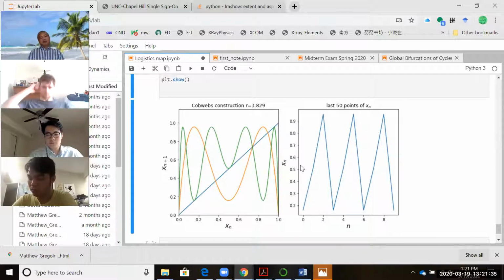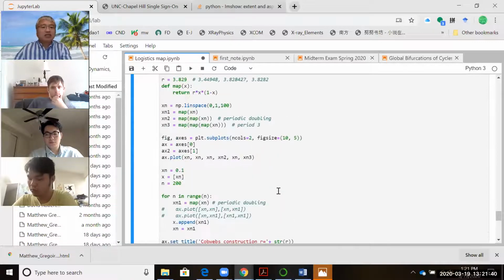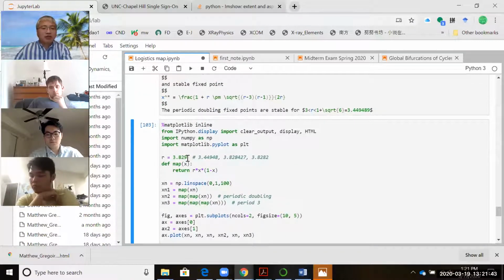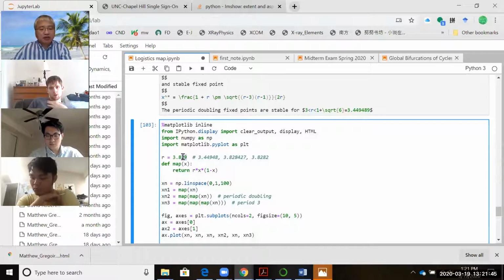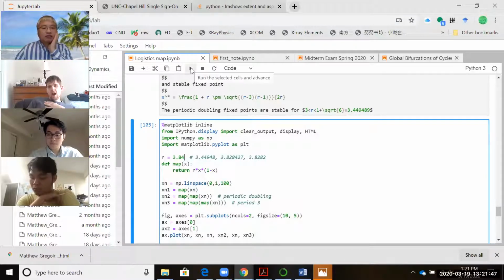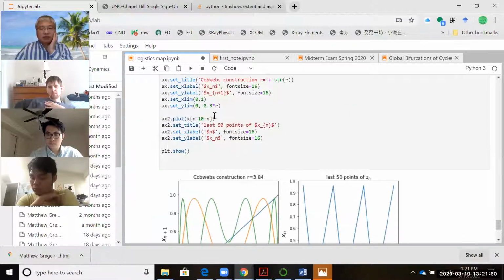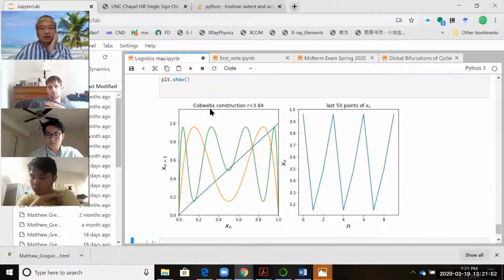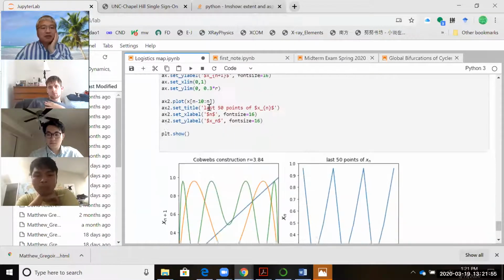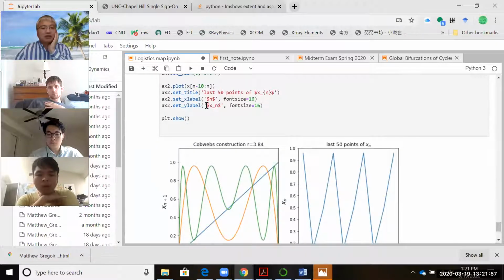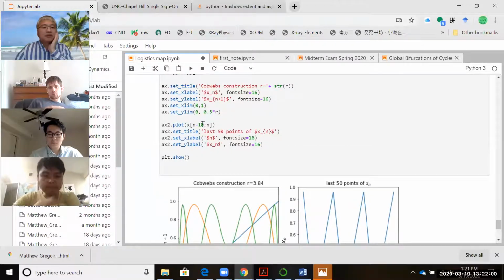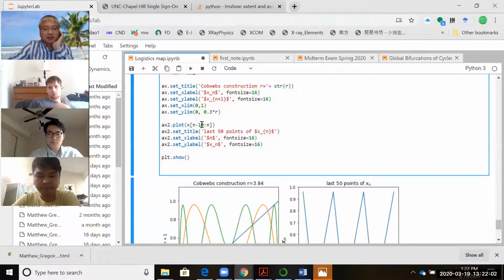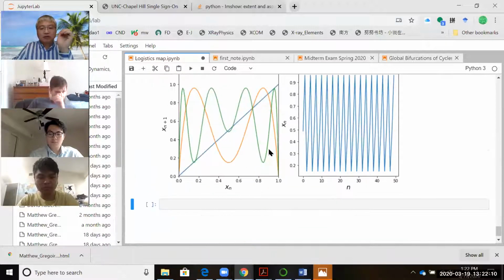So you have a period 3 window, and if you go just a little bit beyond, it's very sensitive. If you go a little bit more, say 3.84, then you go back to chaotic behavior, presumably. Well, it's still period 3. Maybe I need to plot more points, 50.